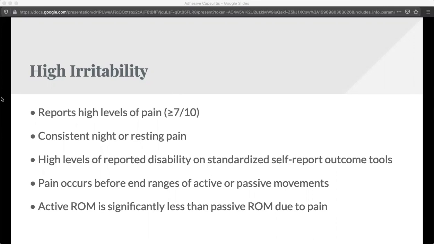Pain occurs before you even reach end range active or passive movement, so very painful from the get-go. And AROM and PROM measures have a vast difference. Say passive flexion might be 120 degrees, but if you ask them to do that actively, it's significantly less.